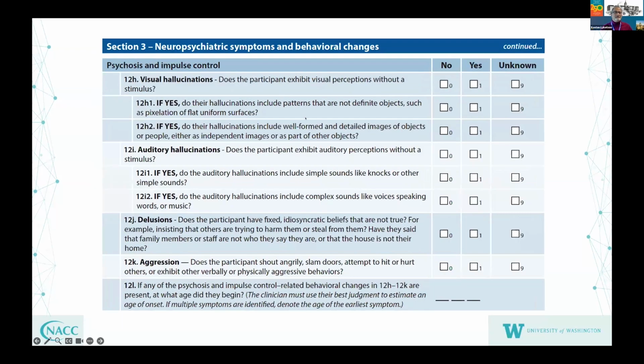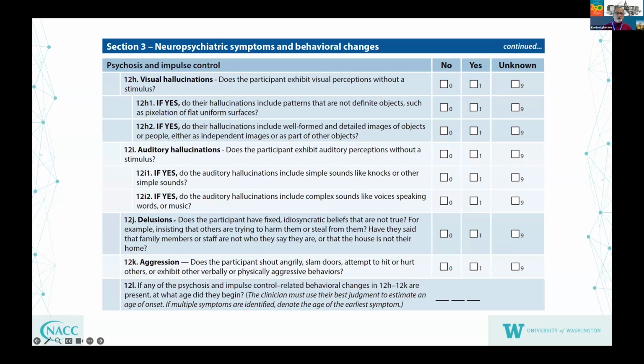This pattern repeats itself when we ask you to rate presence of psychosis or impulse control. For visual and auditory hallucinations, we get a little bit more detail about whether specific types of hallucinations are present. A reminder, visual hallucinations, participant exhibits visual perceptions without a stimulus.